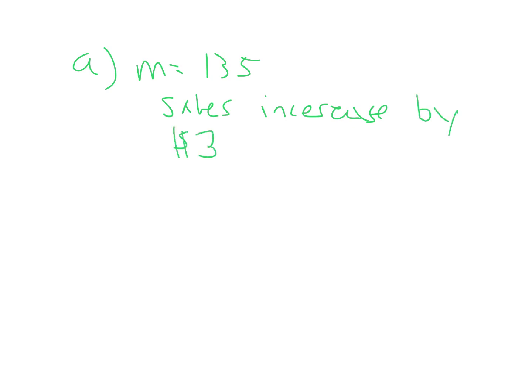If you have a slope of m equal to 135, that means sales are increasing by 135 a year.